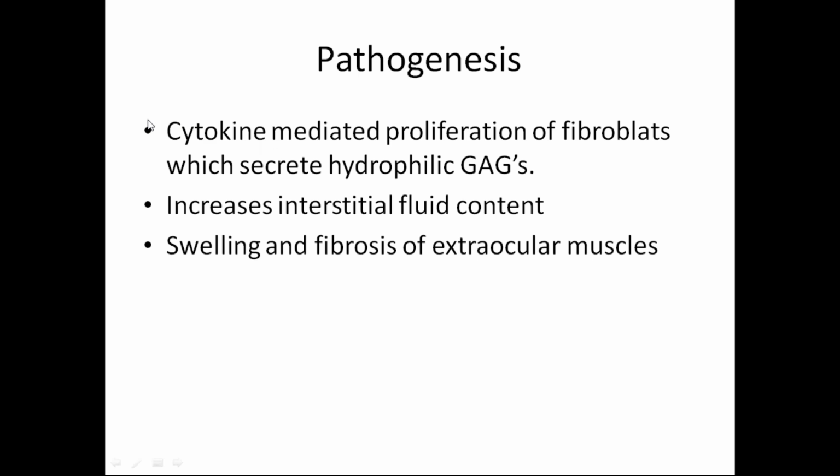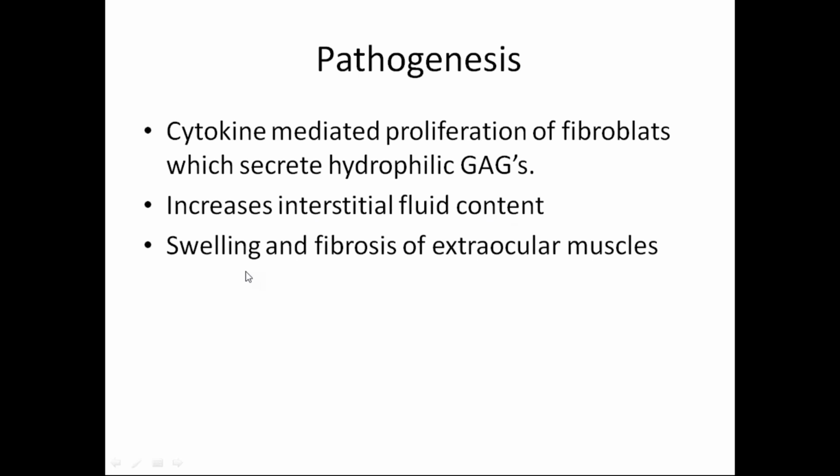So again these cause cytokine mediated proliferation. The fibroblasts will be deposited in the eye muscles and everything, and these secrete hydrophilic glycosaminoglycans. Since they're hydrophilic, they attract water. So these increase the interstitial fluid content.